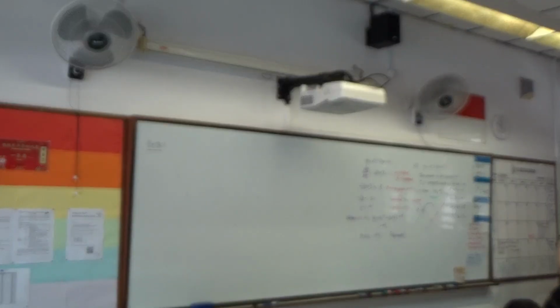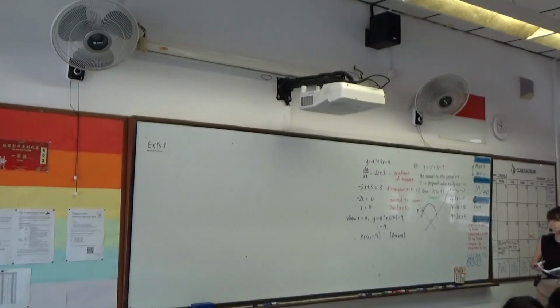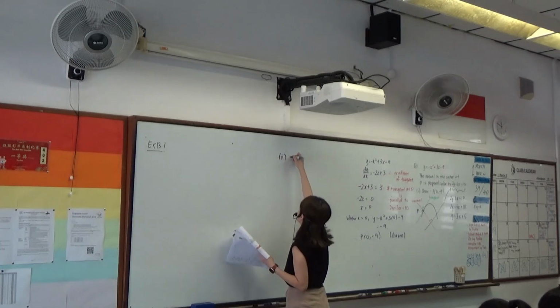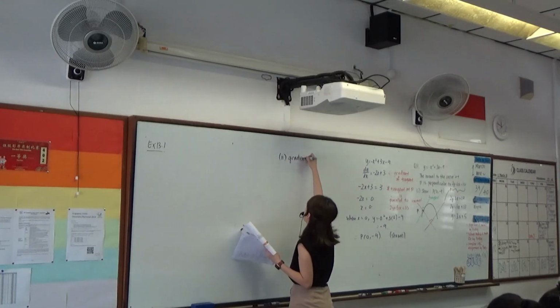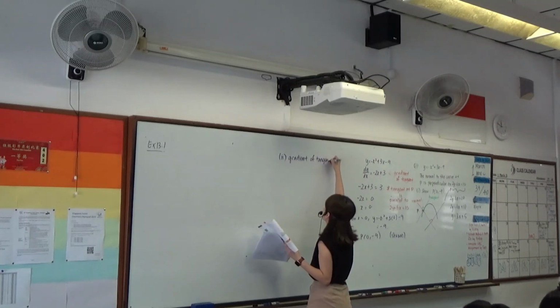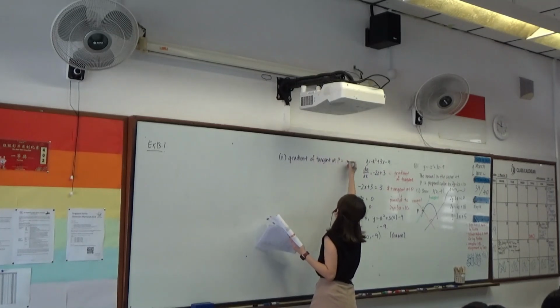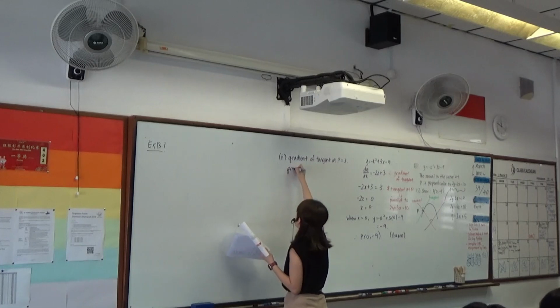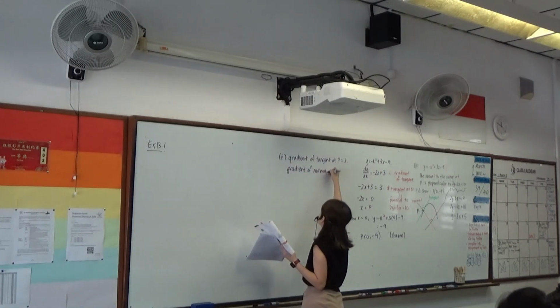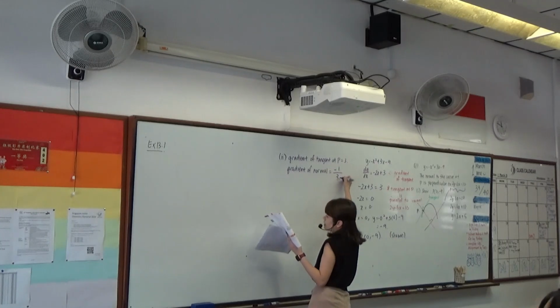Next, part 2. Find the equation of the normal to the curve at P. We know the gradient of the tangent at P is equal to 3 already. So the gradient of the normal will be equal to -1/3.